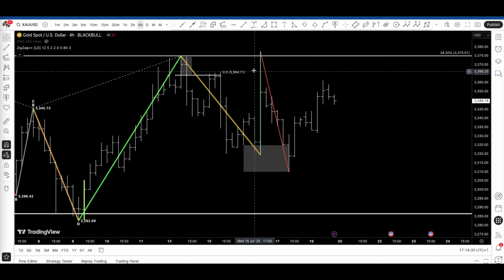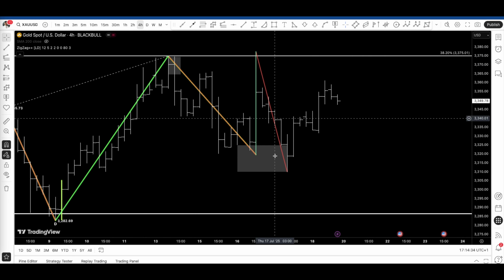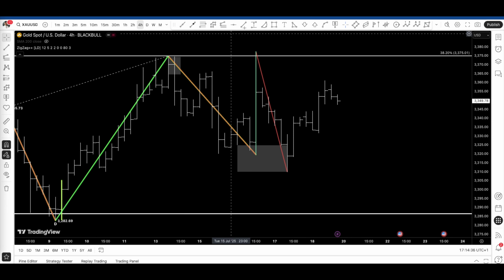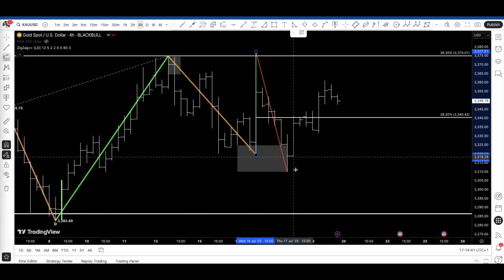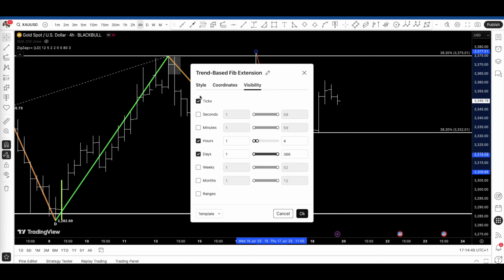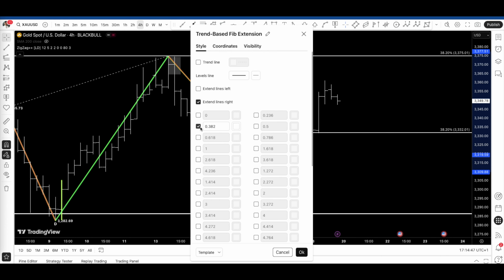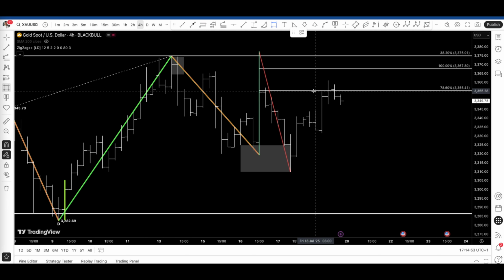Now, if I measure my symmetry here, what is going on? We have A, B, C. The price has reached a 78, again 78%. Okay, so we have a price completion zone there.